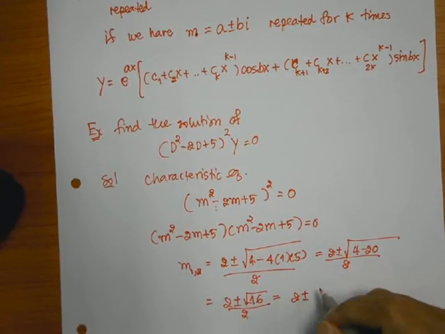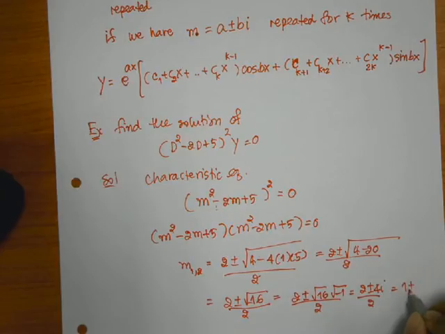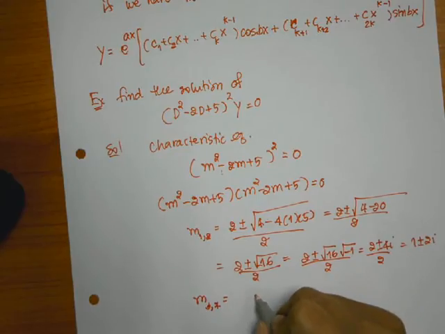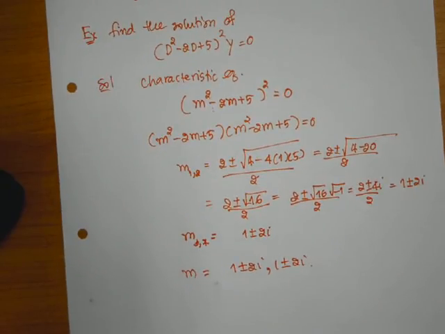Because you got square root of negative 16. So m3 and m4 are exactly the same as m1 and m2. So that means your m is 1 plus minus 2i and 1 plus minus 2i. So that means it's repeated 2 times, right?